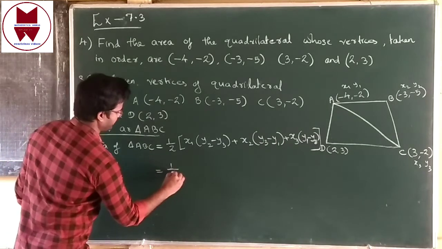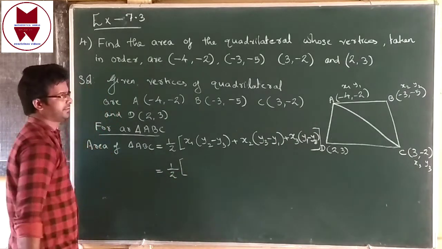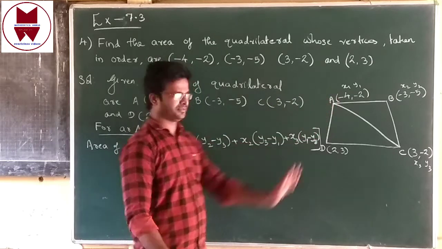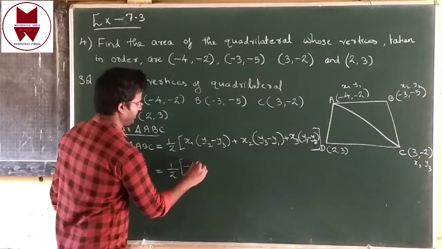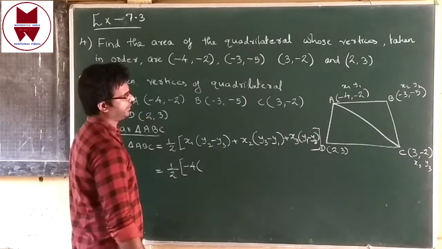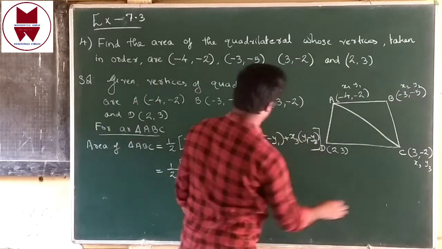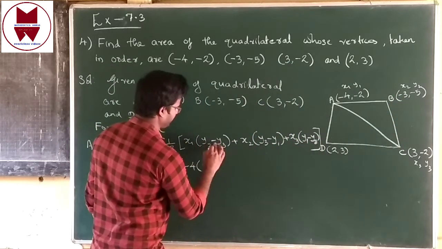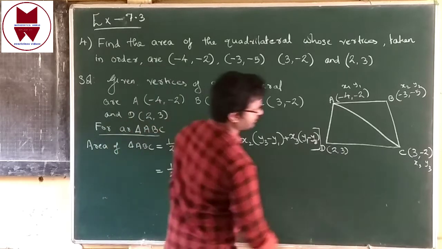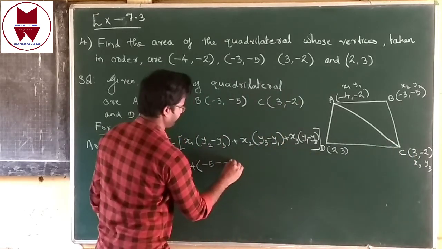Equal to 1/2 into, what is x1? x1 is -4. Then (y2 - y3). y2 is -5, then minus y3. What is y3? y3 is -2.